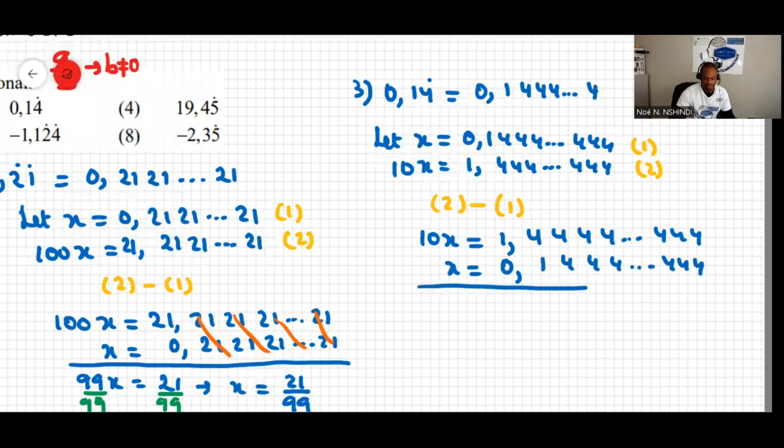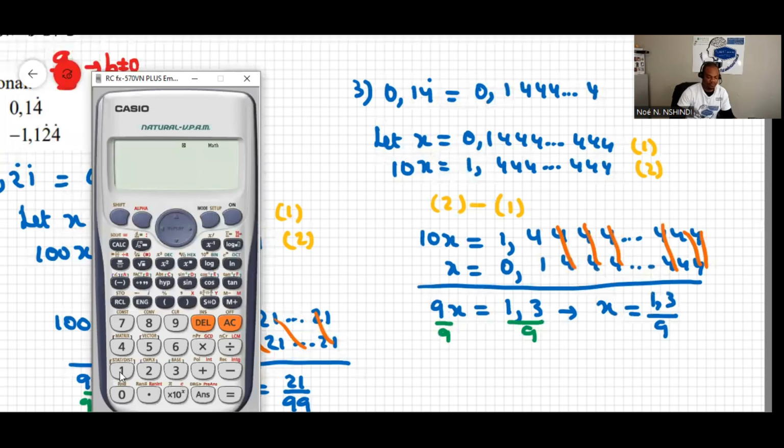If you do 10x minus x, this is 9x, and then 1 minus 0 is just 1, and 4 minus 1 is 3, and the rest will be simplified. This makes 9x equal to 1.3, and then x is equal to what? I will divide here by 9 in order to have x, and that makes 1.3 over 9.